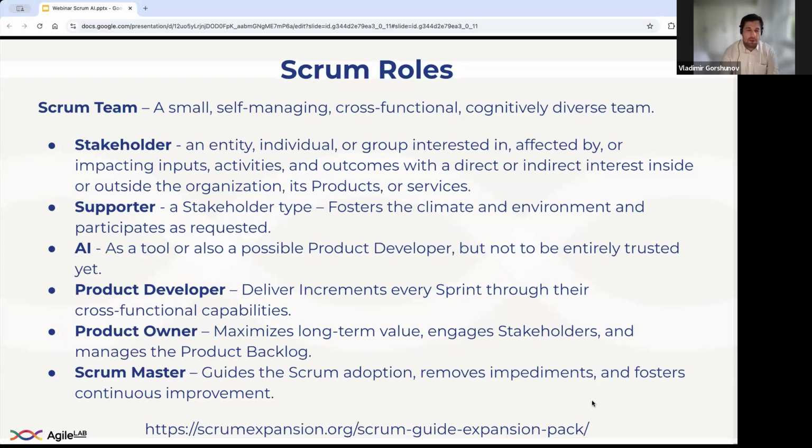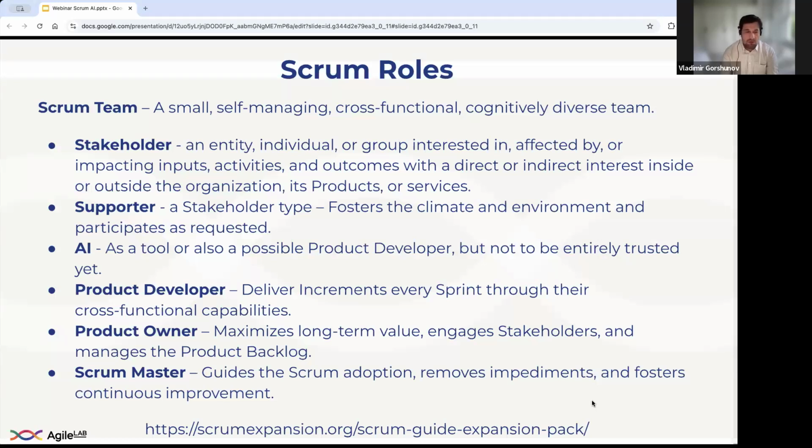If I start working backward, it's still quite straightforward. We still have Scrum Master, and this role has not really changed. But we start saying that the Scrum Master needs to be a coach who helps not only with technical practices but also with AI practices and AI tools onboarding.